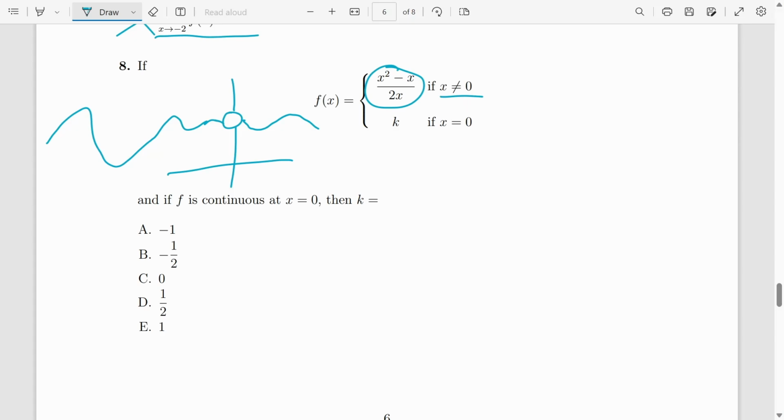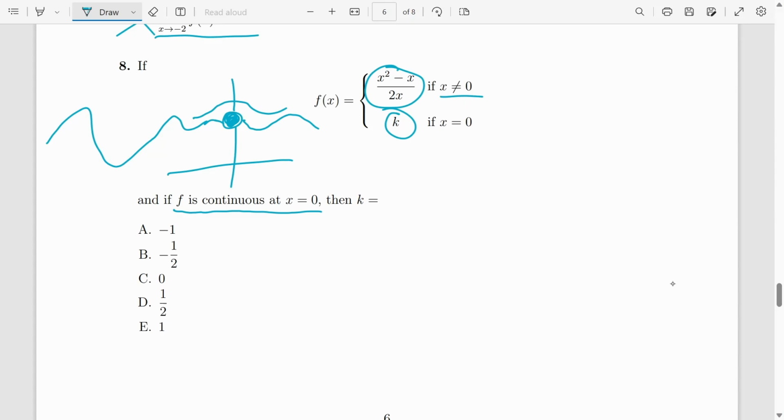Now for when x does equal 0, it's defined by some constant k that we have to find. It could be any value of k, but we know that f must be continuous at x equals 0. So this point here must be defined basically. In order for it to be continuous here, it kind of has to continue. So it must be defined there.